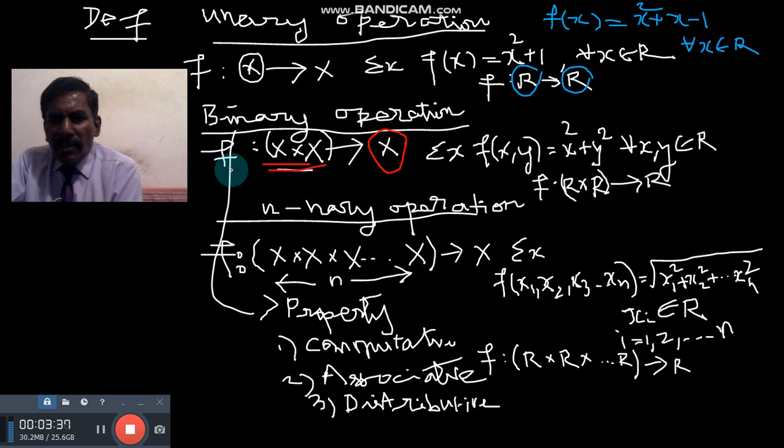If an operation like that is acting on only two elements, then we call it the binary operation.